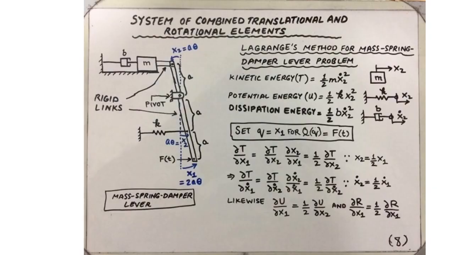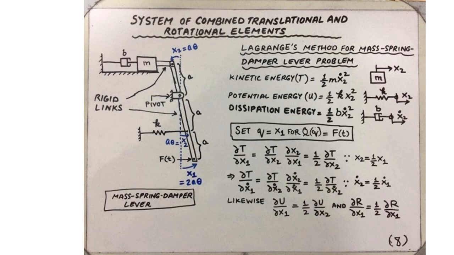If we apply Lagrange's method to the mass spring damper lever problem, we first need to calculate the kinetic, potential, and the dissipation energy. For that, let us first consider the displacements of different elements.